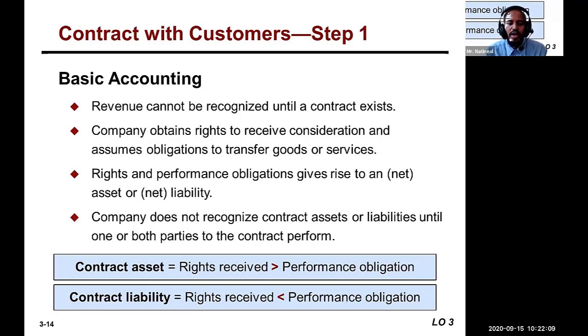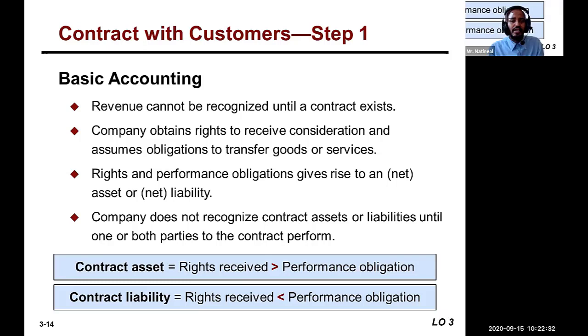The company does not recognize a contract asset or liability until one or both parties to the contract perform. If not, it cannot recognize anything, which means no sale has taken place.